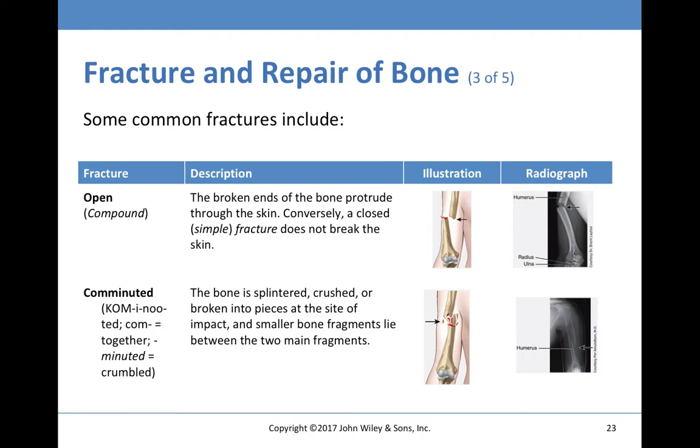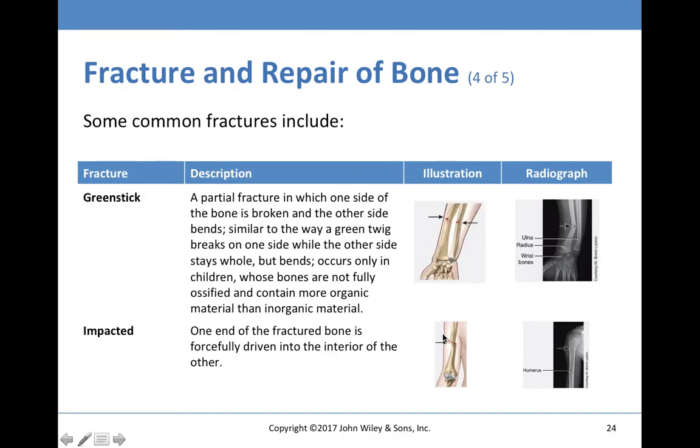So if you have this comminuted fracture, a lot of these fragments may end up dislodging themselves throughout the arm or other places. And so sometimes in those type of surgeries, depending on how big the portion of the fragment is, they may have to remove that portion.